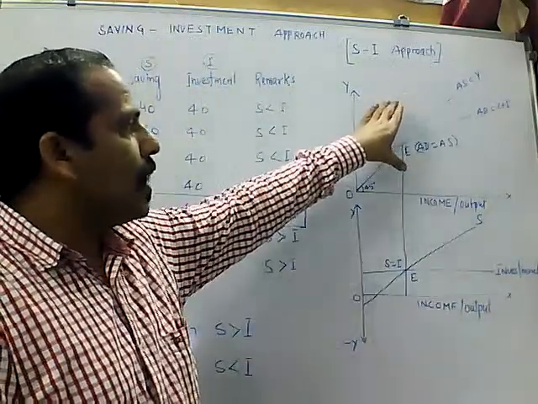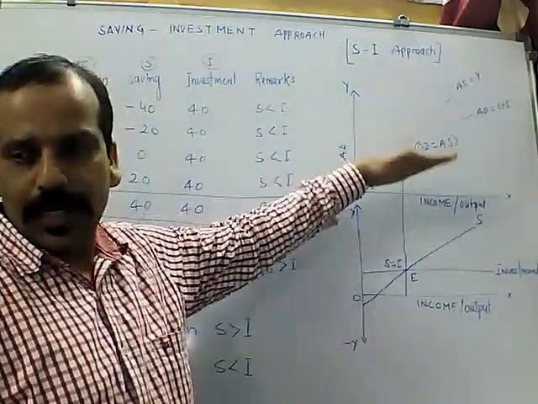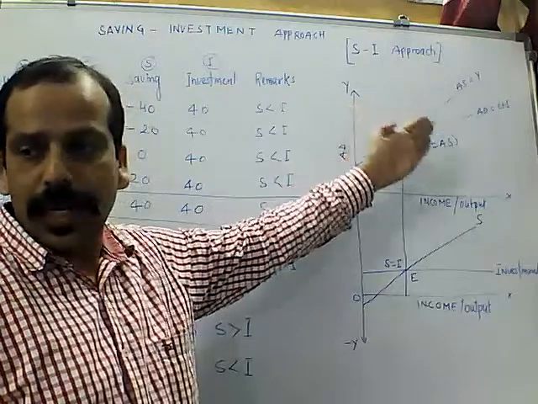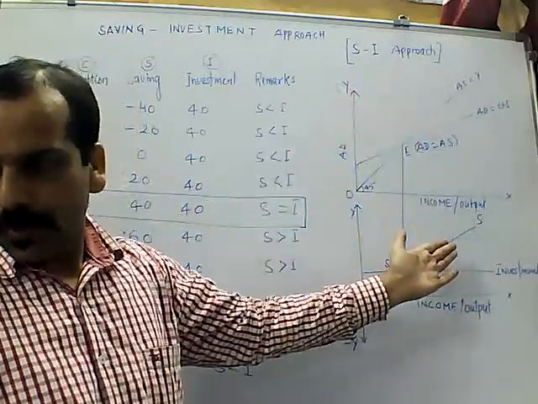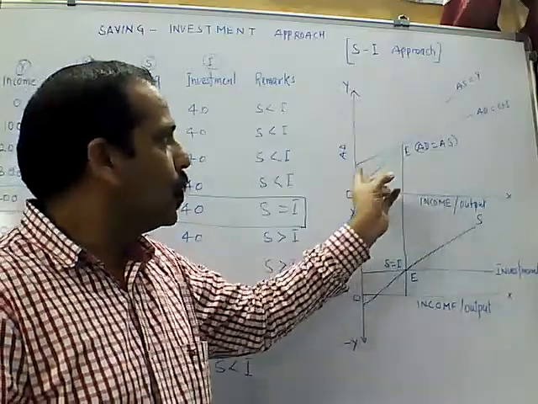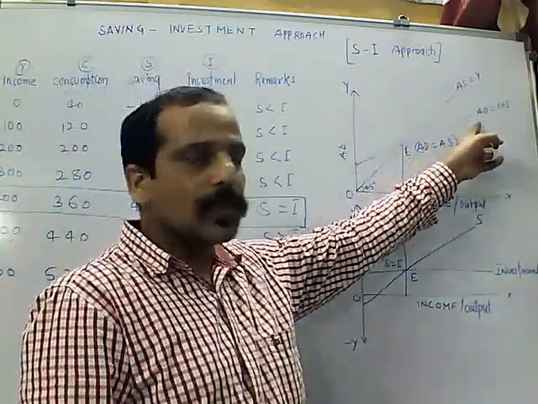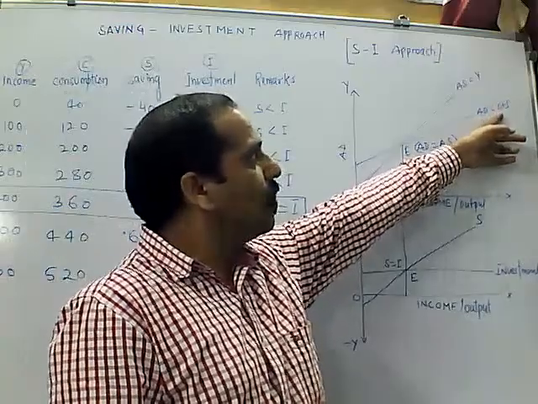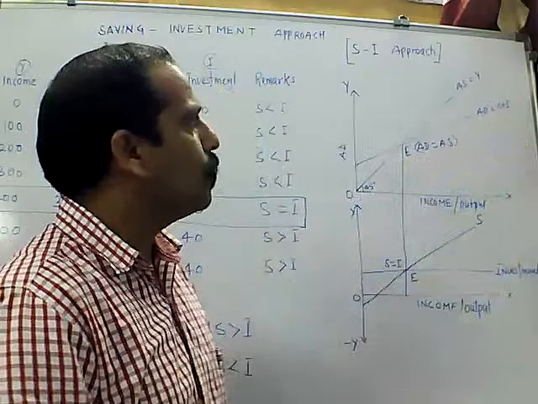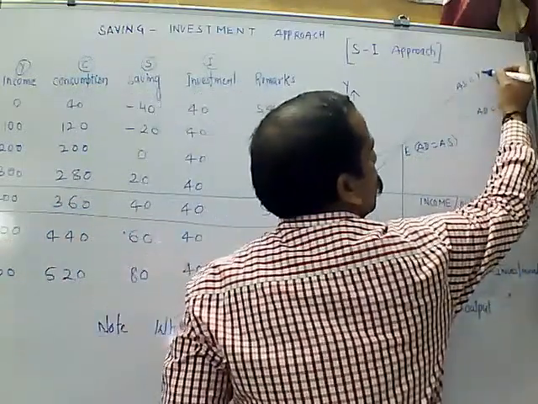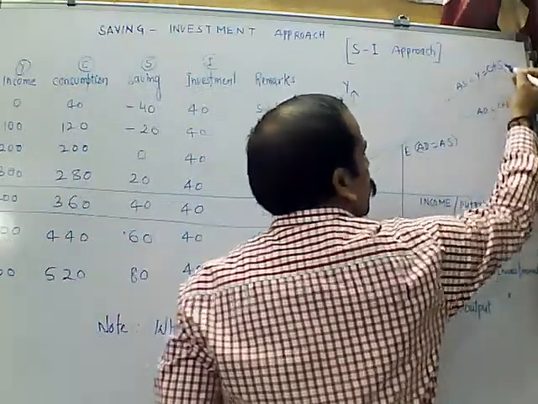So in the upper part, I am taking aggregate demand and aggregate supply, equilibrium between AD and AS, which means approach number 1, and here approach number 2. So this is your aggregate demand, upward sloping, C plus I. This is what I told you in the morning also. Then income, either saving plus consumption.